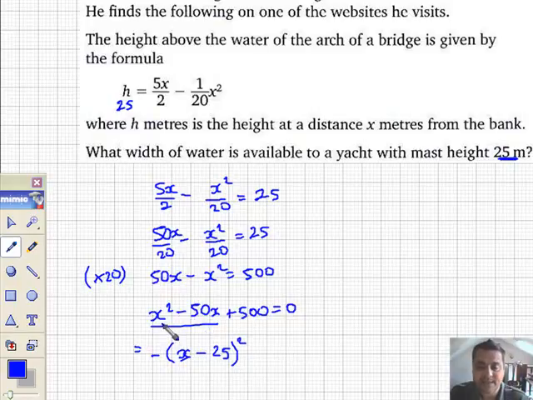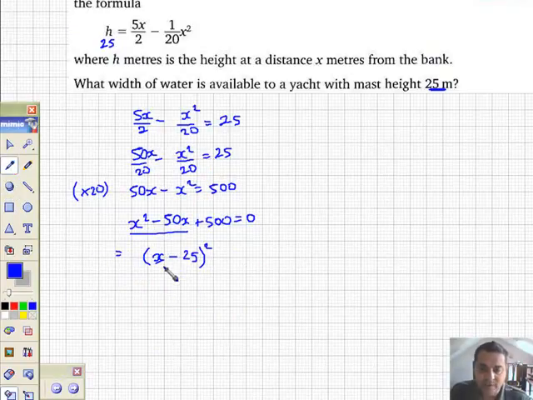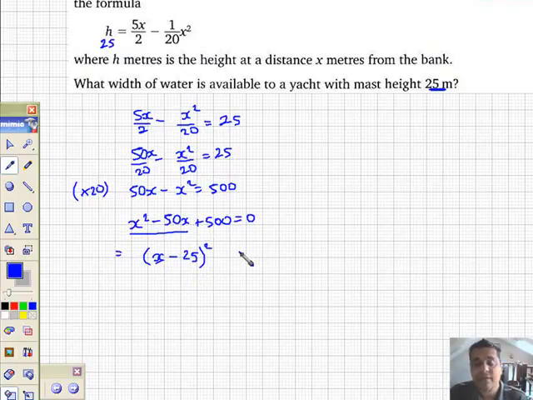Essentially I would get x squared minus 50x plus 625. I don't want 625, I want plus 500. Therefore, if I subtract 125, I've completed that perfect square and made it equivalent to this complete quadratic equation.